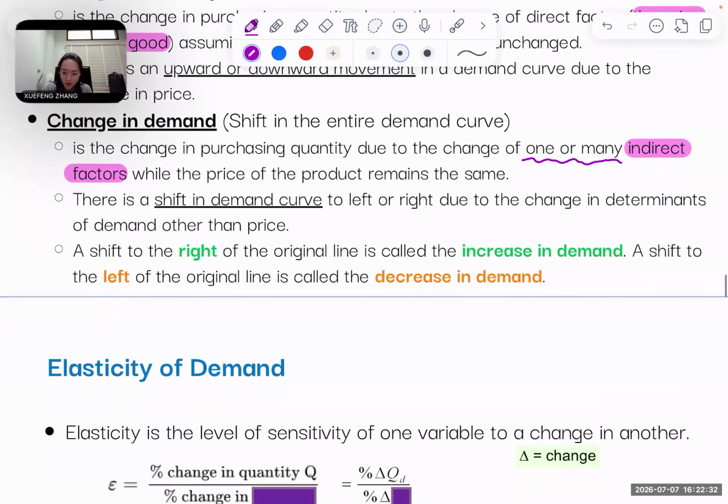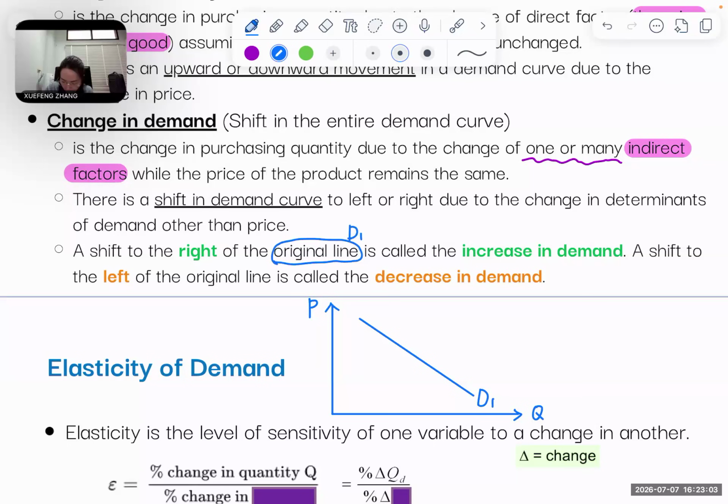Let me draw a graph for you, and help you distinguish increase or decrease. Here we have quantity demanded, here we have price. Suppose the original line is D1.